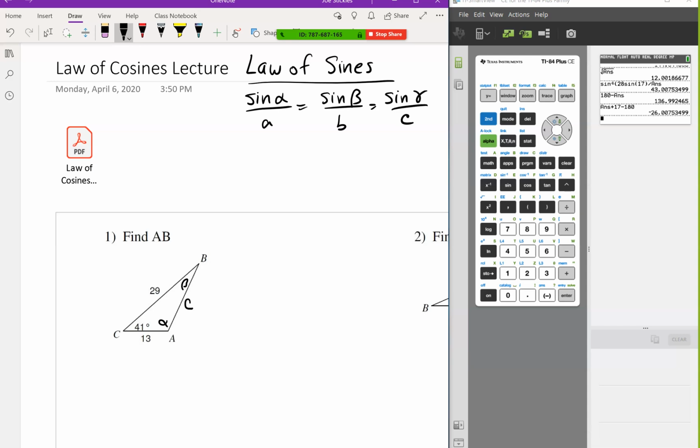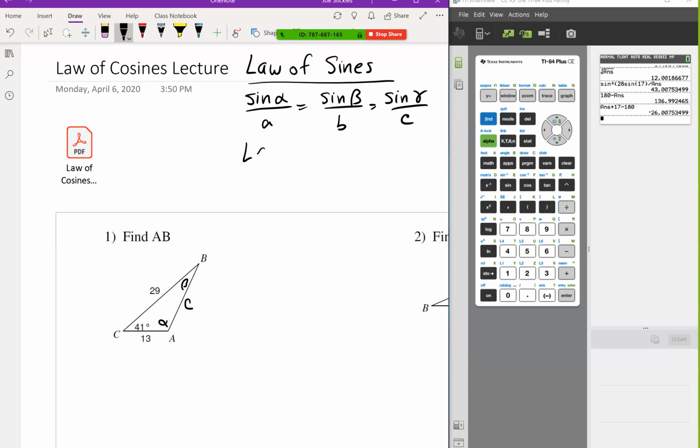And if I try to use any of the other ratios, I don't know one of the angles. So the law of sines is not going to help me figure out information about this triangle because I don't have enough information with the opposite sides and angles. So there must be another formula that we can use to help us solve these particular types of triangles.